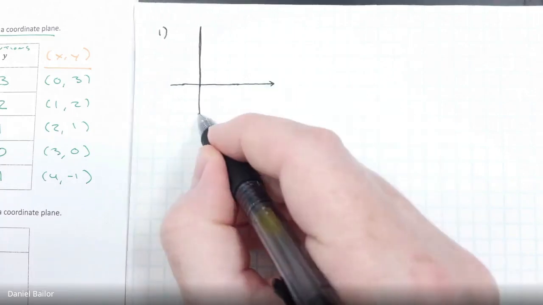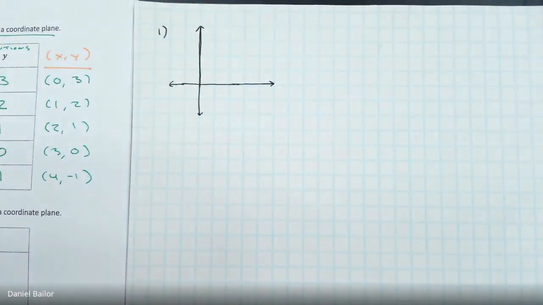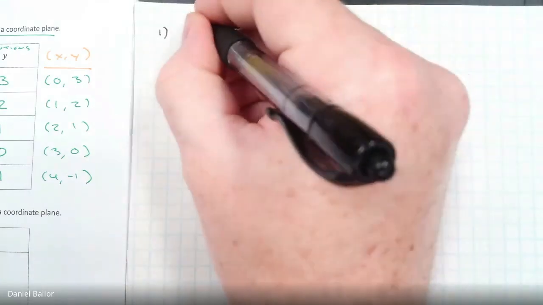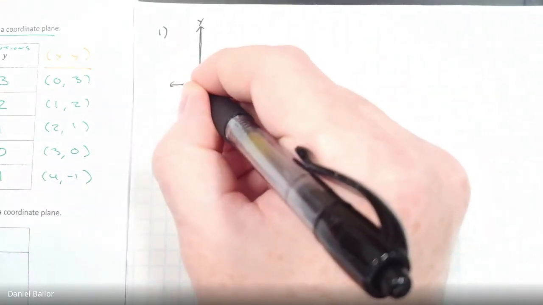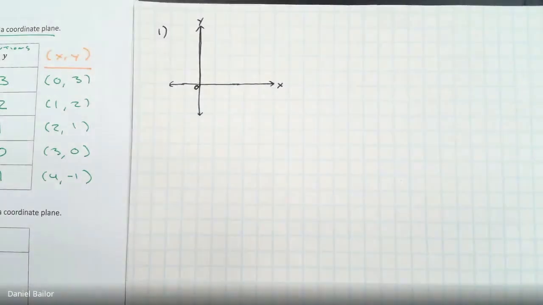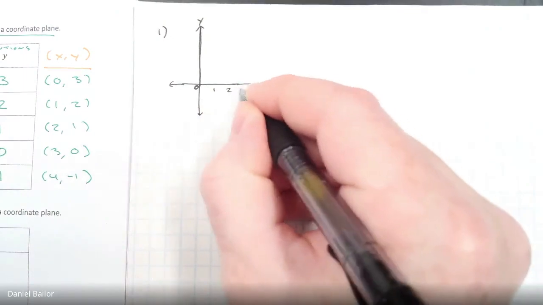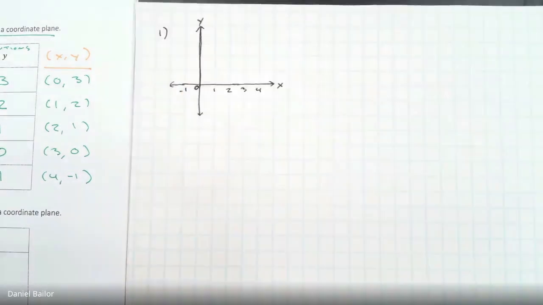But let me show you why I made my graph look like that. Right where this is x, this is y, where x and y hit is called the origin, and that's 0, 0. Now x goes 1, 2, 3, 4, and this is -1 on the x.